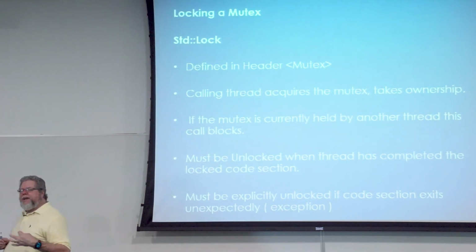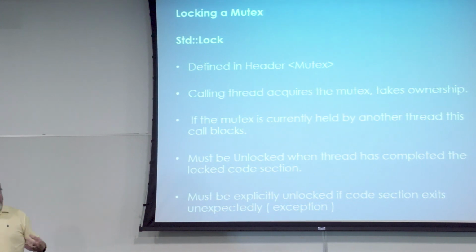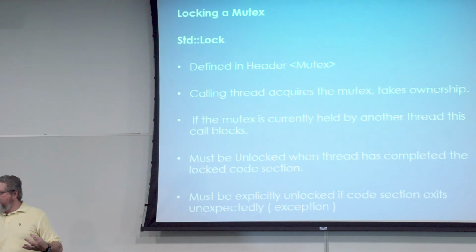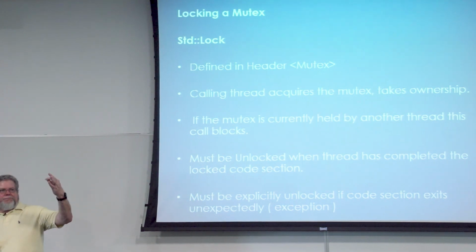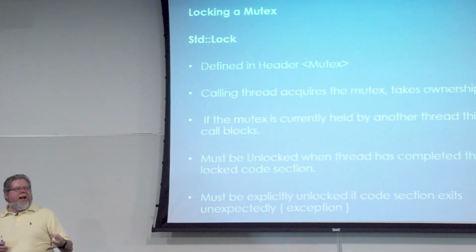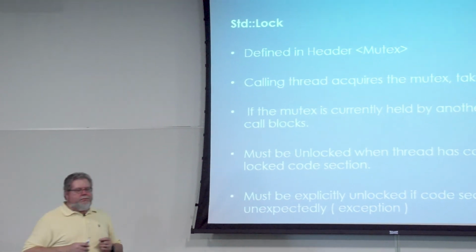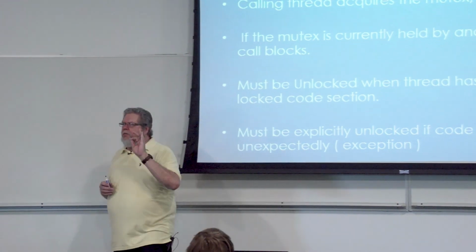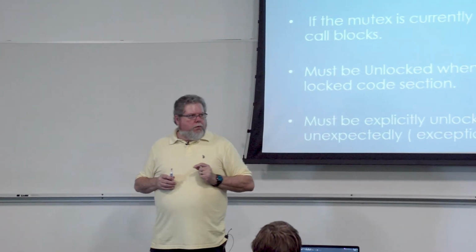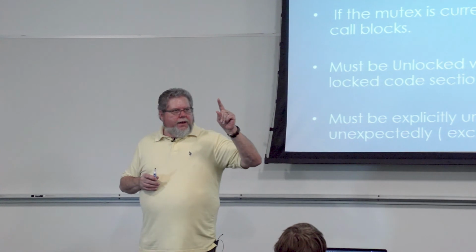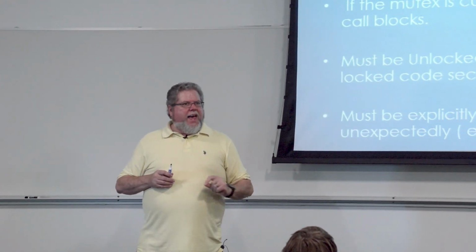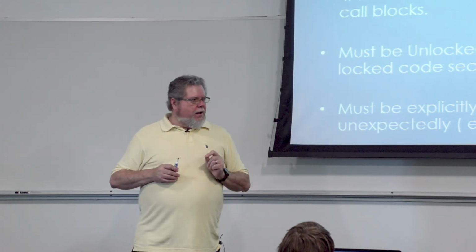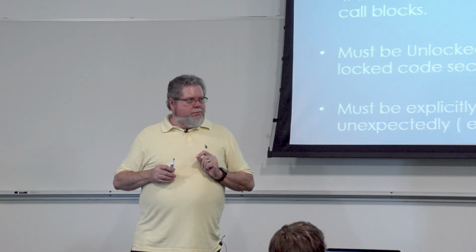The corresponding command to unlock it, oddly enough, is unlock. Okay? So I lock it, do my stuff, and then I unlock it. This form of lock is totally, completely, 100% manual. If I lock it, I have to explicitly say unlock it somewhere. If I don't, it will remain locked. Okay?